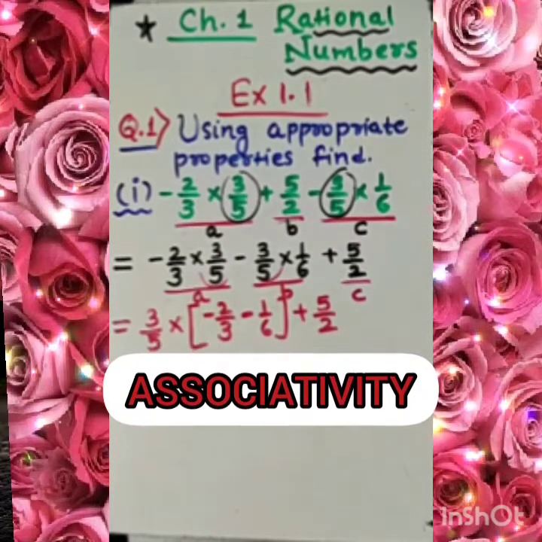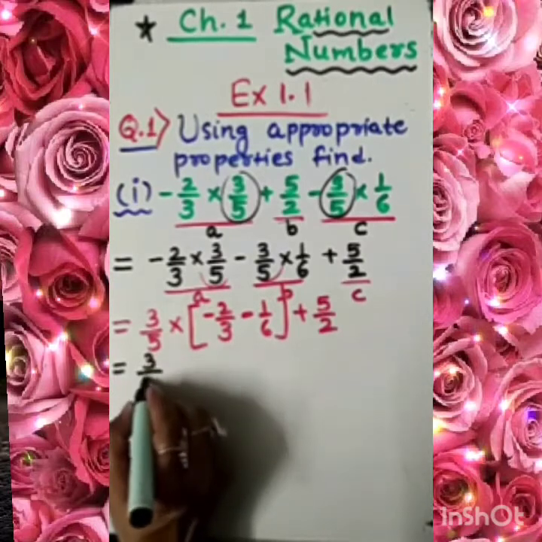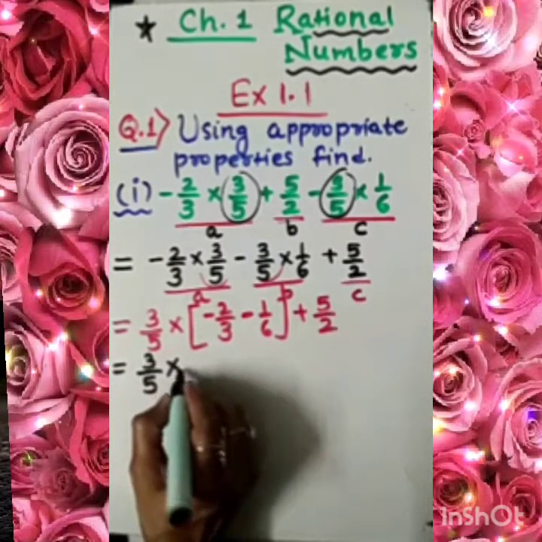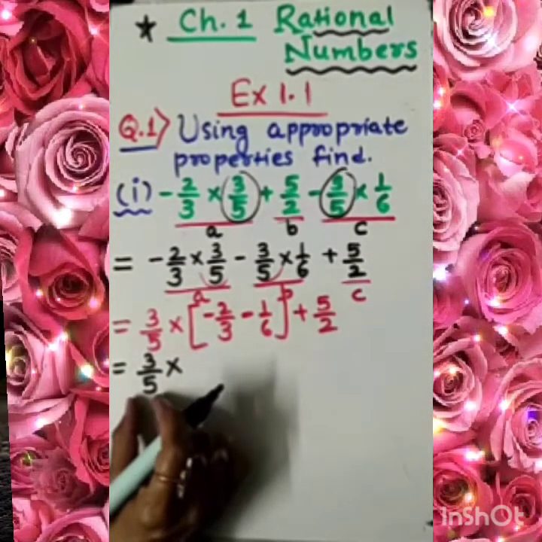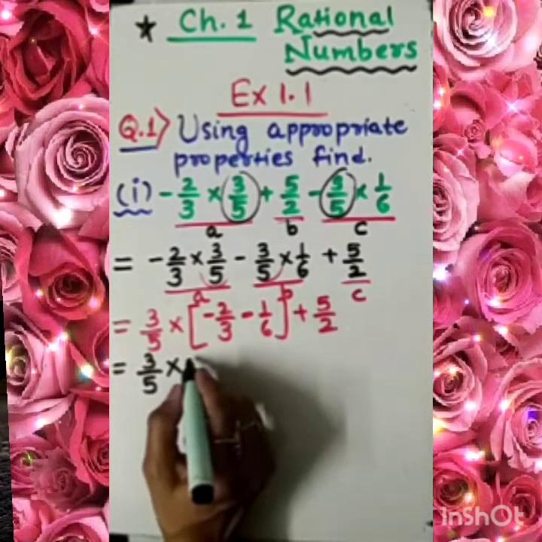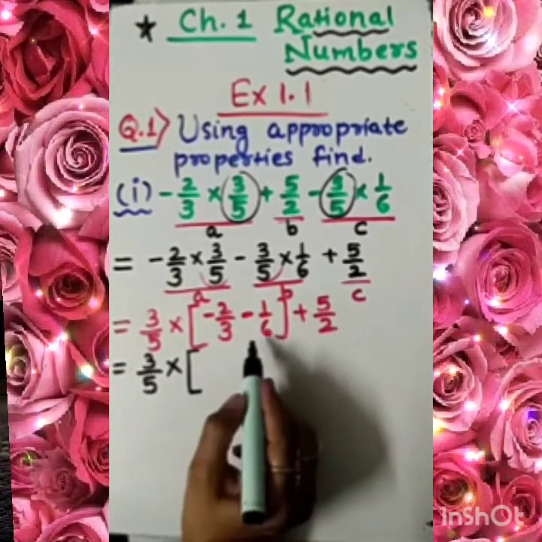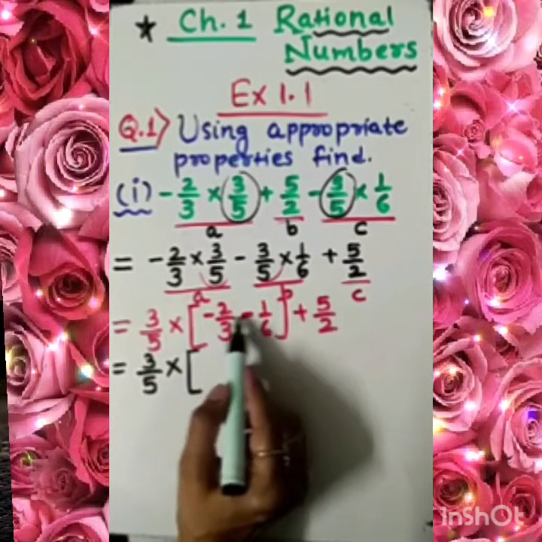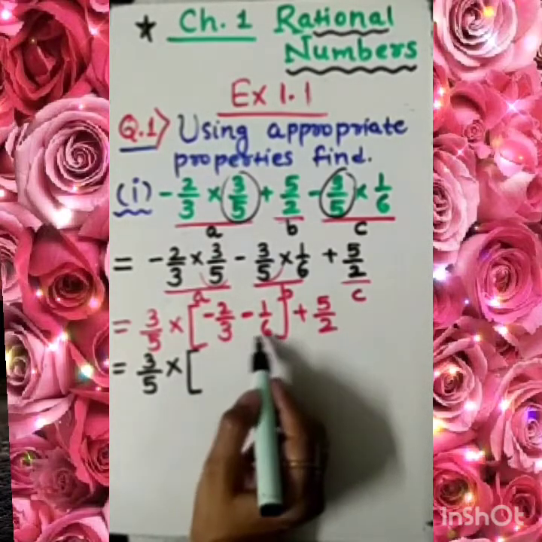Now, in the next step, just look at your screen. I am not touching this term. I am keeping this fractional number as it is, and let's work out the rational number 3 by 5. Here they are connected with plus minus sign, so here I am taking the LCM of 3 and 6.